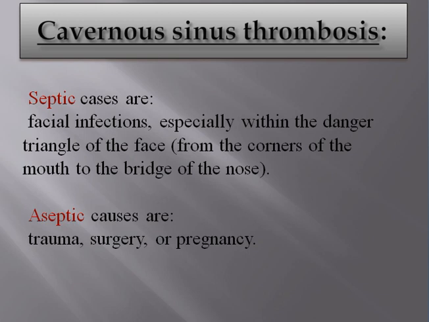But in some cases, when it is in the danger triangle, which includes the nose, lips, and chin, if a carbuncle or furuncle occurs in this area, it may lead to a complication such as cavernous sinus thrombosis, because there is an anatomical connection between the superficial veins of this area and the cavernous sinus.